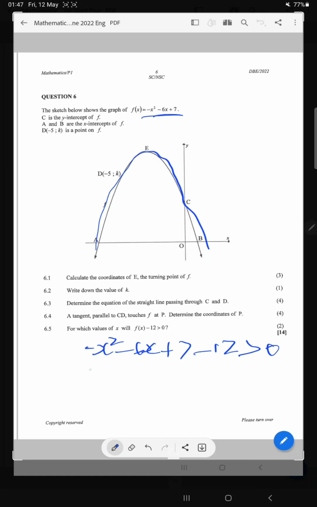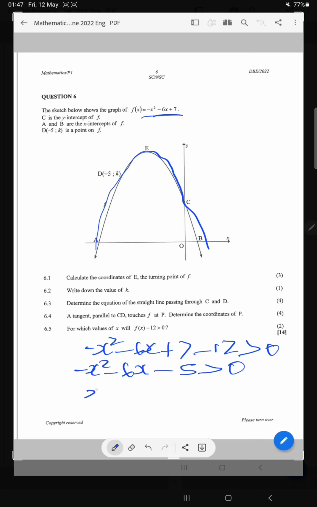Therefore, minus x squared plus 6x plus 7 minus 12, minus 5, greater than 0. Let's divide everything by the coefficient of x squared.